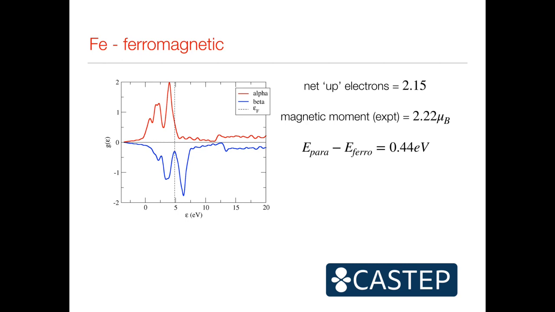That's quite a reasonable amount of energy, and so that is why iron in its ground state wants to be ferromagnetic. These are DFT calculations done with a code called CASTEP that's developed here in Oxford, as well as a few other universities, and you'll learn how to do these calculations in the third year.